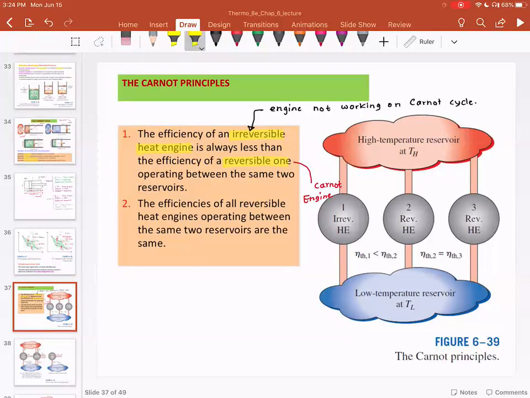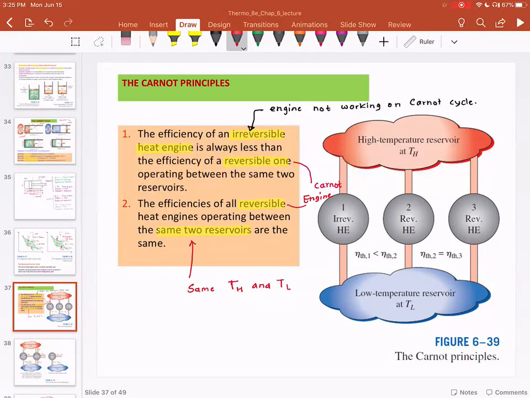The second principle is if you have reversible engines, which are Carnot engines, operating between the same two reservoirs, and when I say same two reservoirs, the implication is the same TH and TL, then the efficiency of those two reversible engines will be the same. So that is the Carnot principle.